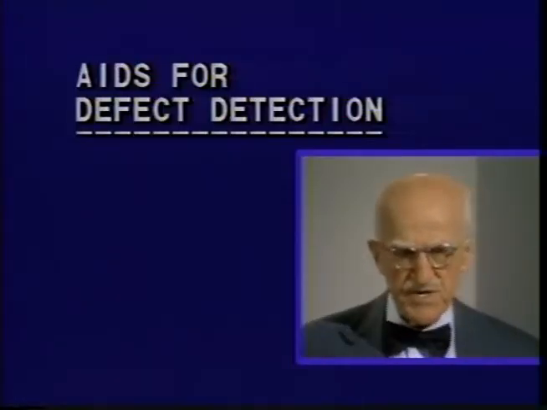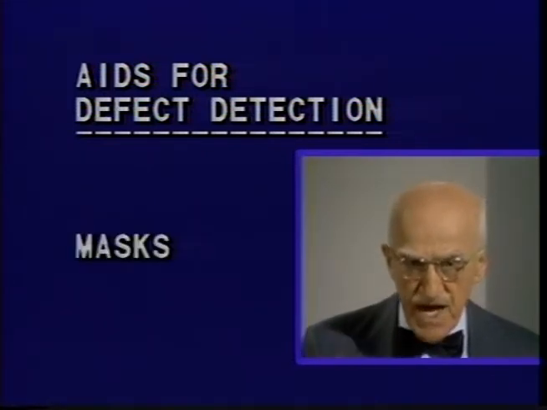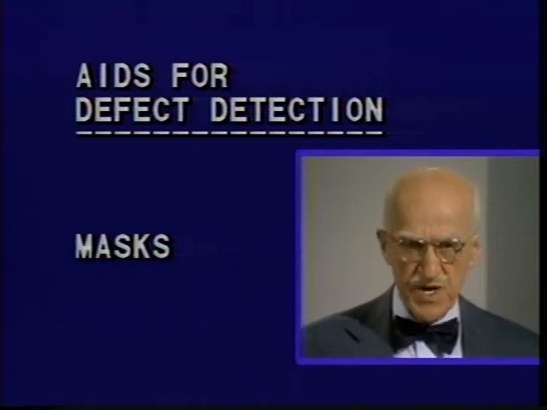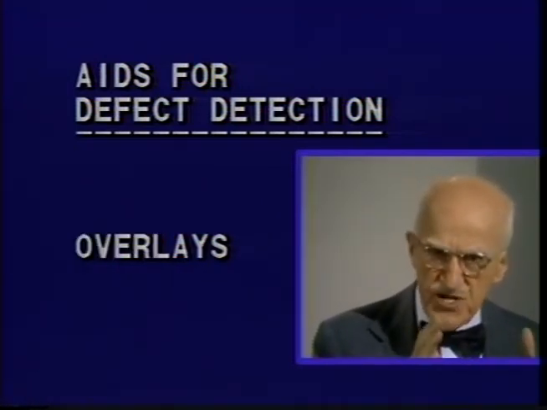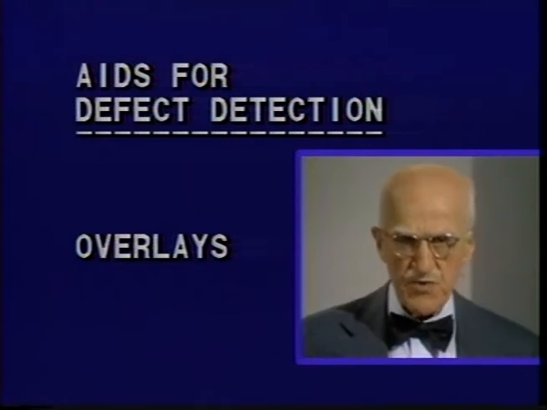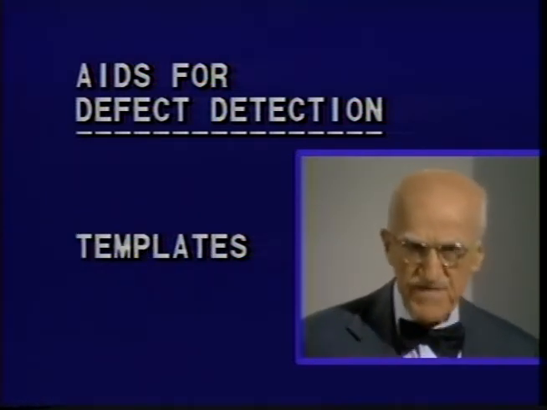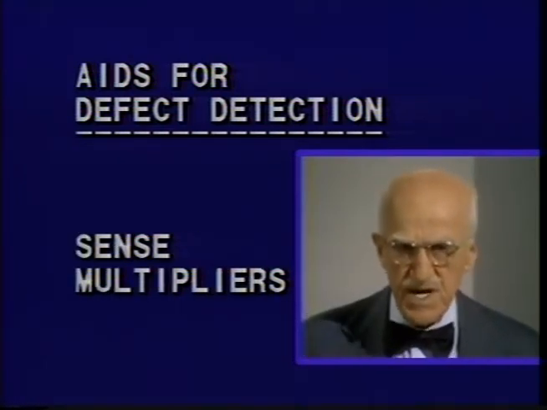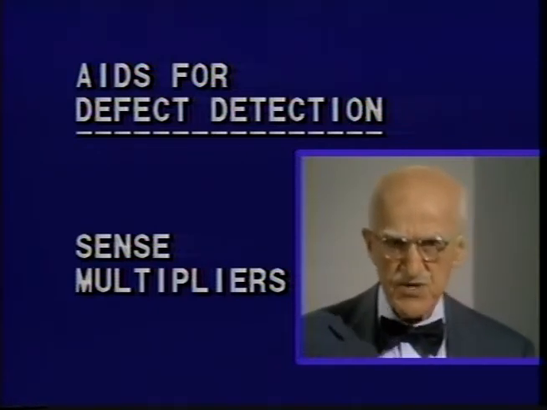If visual inspectors face large numbers of quality characteristics, we could provide masks to help the inspectors focus their attention. We can provide transparent overlays with boundary lines to facilitate judgment of conformance. We can provide templates to foolproof inspection for some types of characteristics. We can provide sense multipliers, optical magnifiers, sound magnifiers, alarm signals.